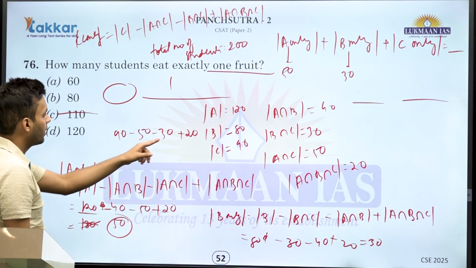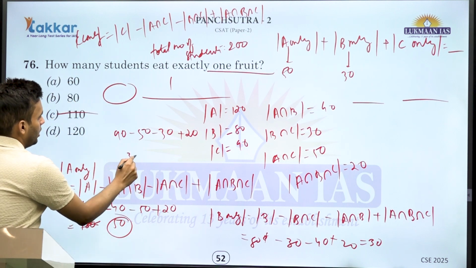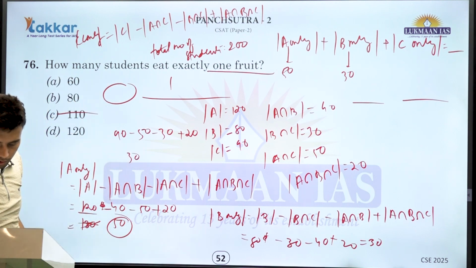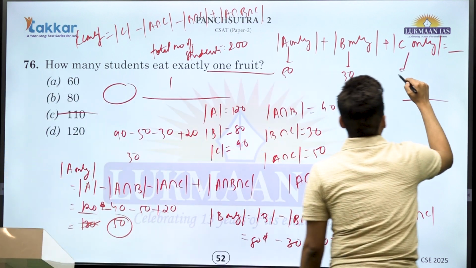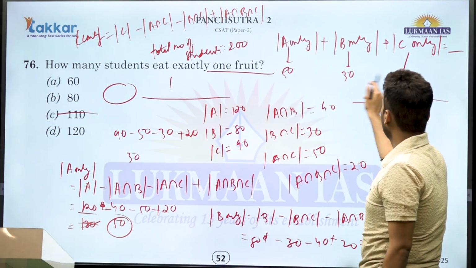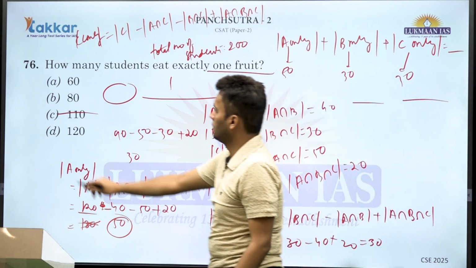Okay, 90 minus 80 is 10, plus 20, this is also 30. So 50, 30, 30, how much? 110. C is the right answer.